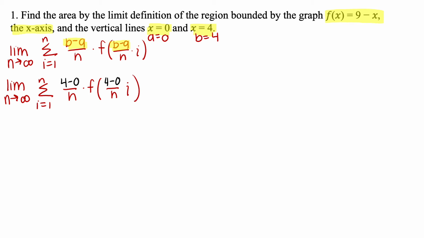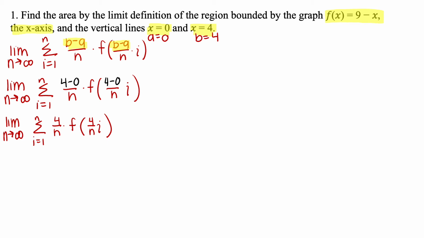And then we know that 4 minus 0 really just simplifies to 4, so I'm going to keep on writing this step, but if you guys just want to skip ahead and not write this 4 minus 0 part, that's fine too. So we have the limit as n goes to infinity of the sum from when i equals 1 to n of 4 over n times f of 4 over n i. So we've plugged in our a and our b.